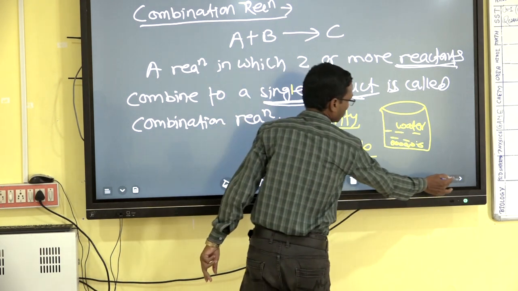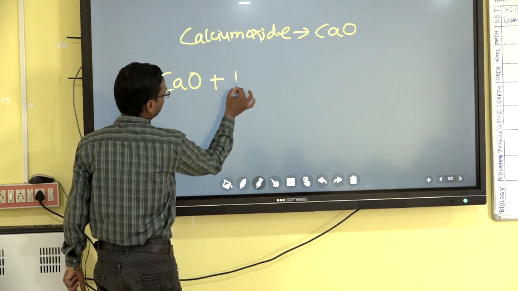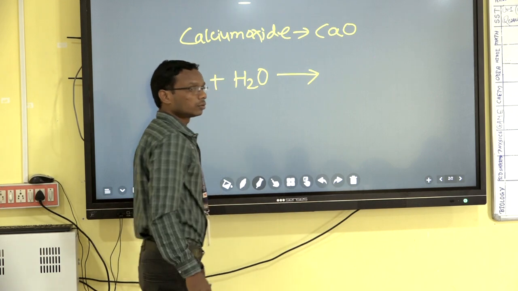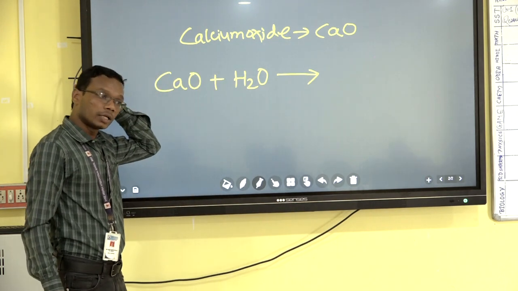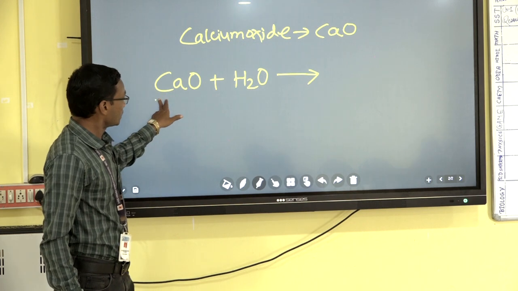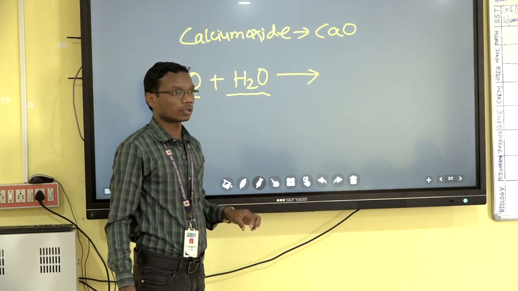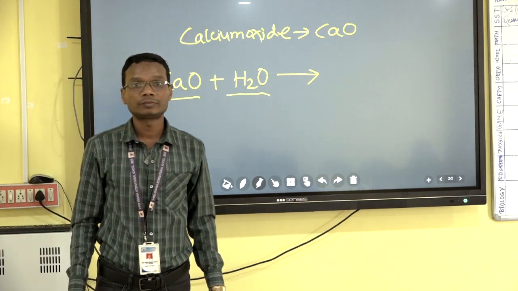Now, what happened? There is CaO plus H2O. What will be the product? Who can write? Try in your copy. Reactants are CaO and H2O. Then what will be the product? Already we discussed in the previous class. Just write in your copy.